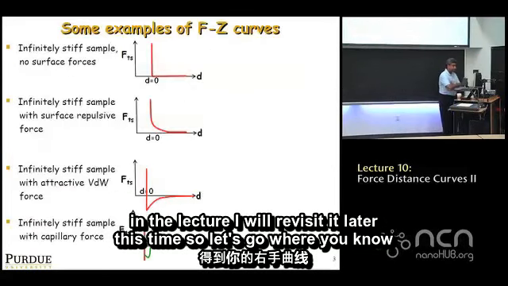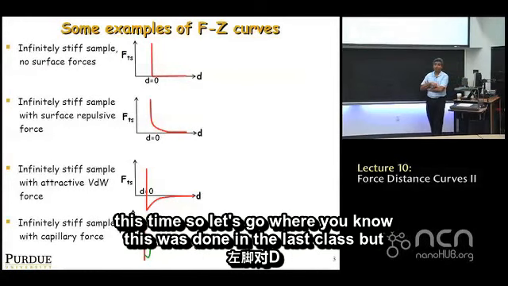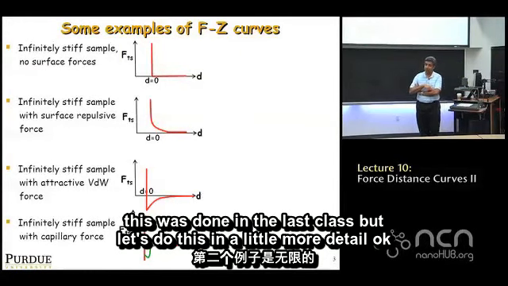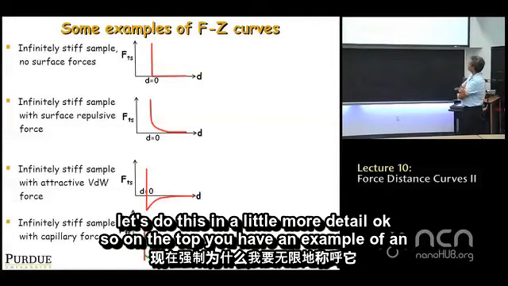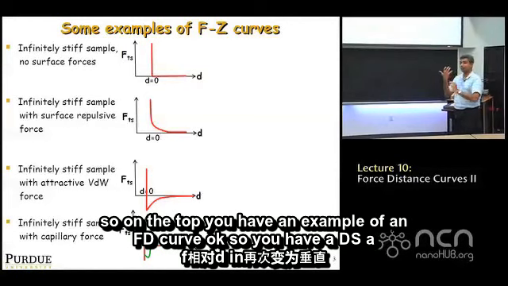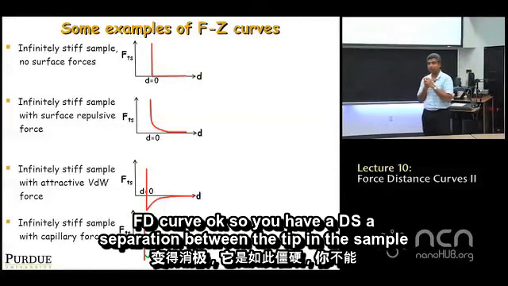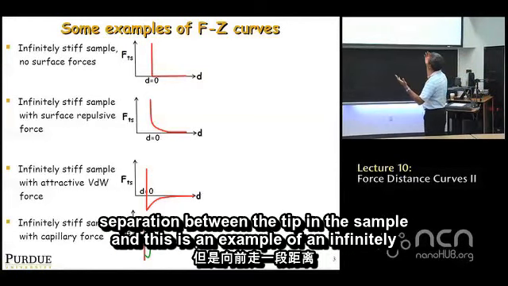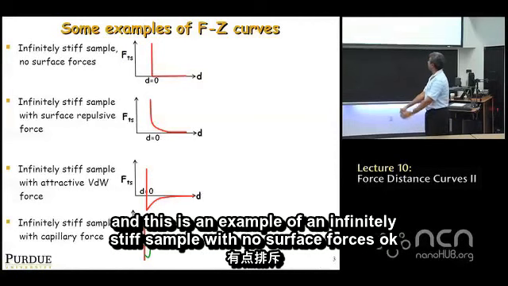So let's go over this. It was done in the last class, but let's do this in a little more detail. On the top, you have an example of an FD curve, where D is the separation between the tip and the sample. This is an example of an infinitely stiff sample with no surface forces.